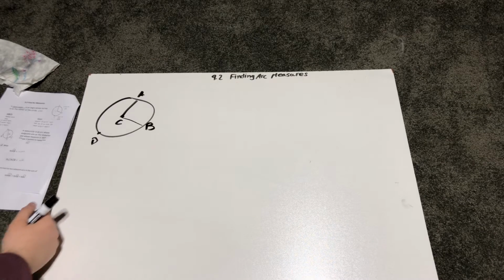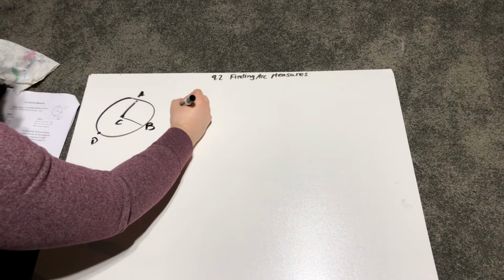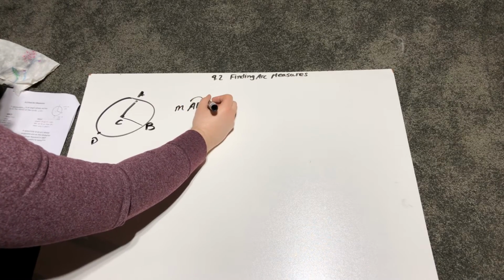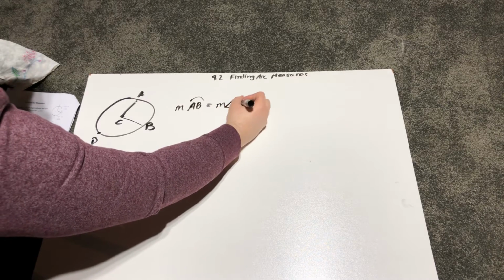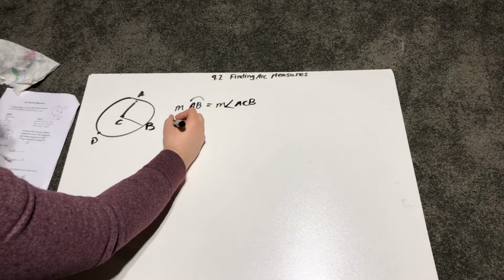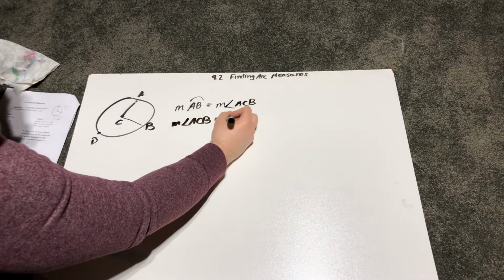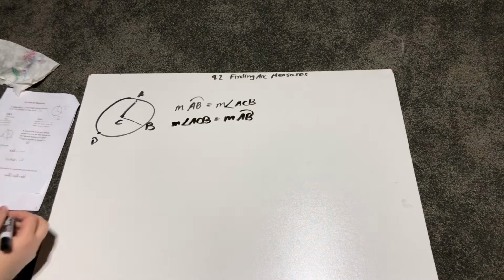So the measure of arcs, well, I have arc AB, so the measure of arc AB is actually equal to the central angle ACB. And the converse is true. So the measure of angle ACB is equal to the measure of the arc it intercepts, AB.